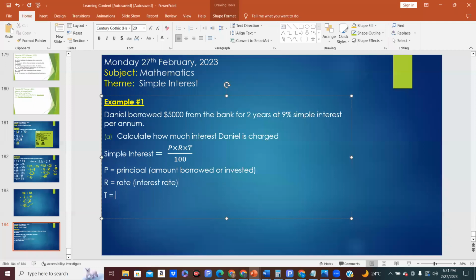T is time in years. So we always write time in years. And annum means a year. So when they say simple interest per annum, annum means a year. This is your simple interest formula.